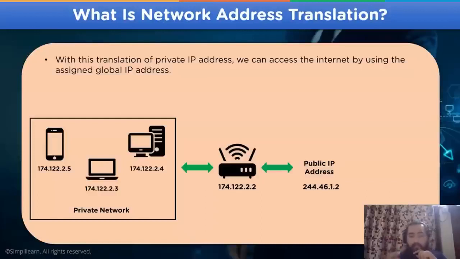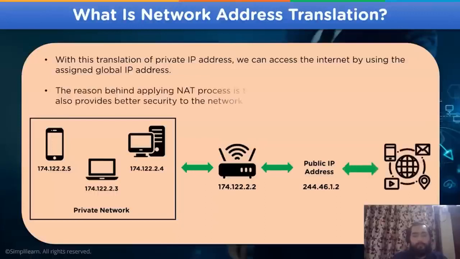When the public address wants to communicate with the private network, the router will convert it to a private network ID and allow us to access the internet. The reason behind applying the NAT process is to conserve public IP addresses, specifically IPv4 addresses, and it also provides much better security to the network. Now let's move on to the next topic.